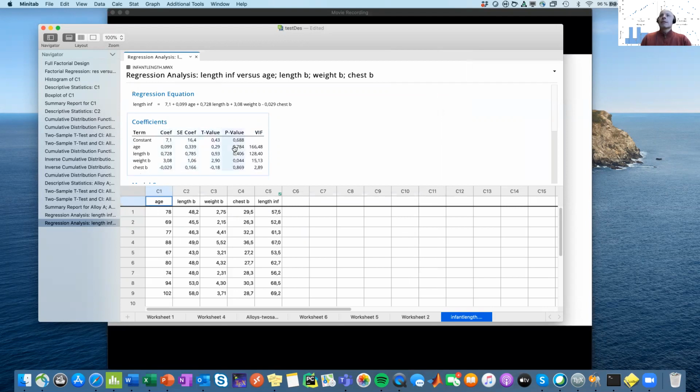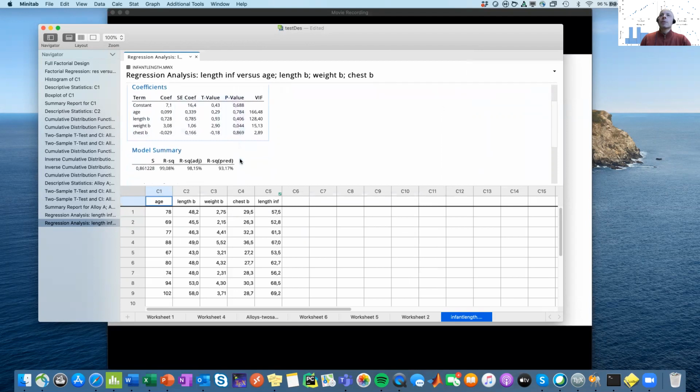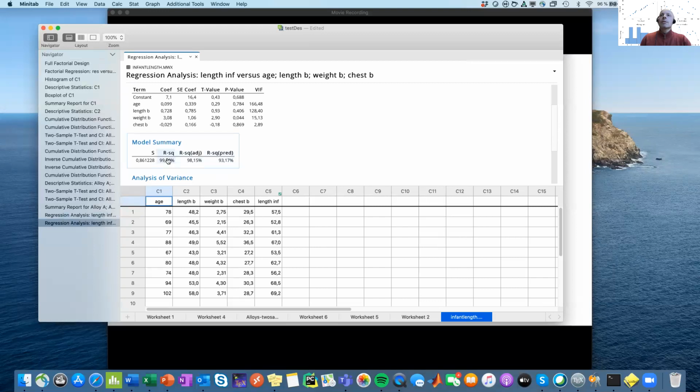So I can compute this, and Minitab tells me, okay, for this example with my 4 covariates, the p-values are best for weight, but none of the p-values are standing out here. So not a whole lot of predictive power maybe, even though R squared is very large. It's not obvious to interpret these things.